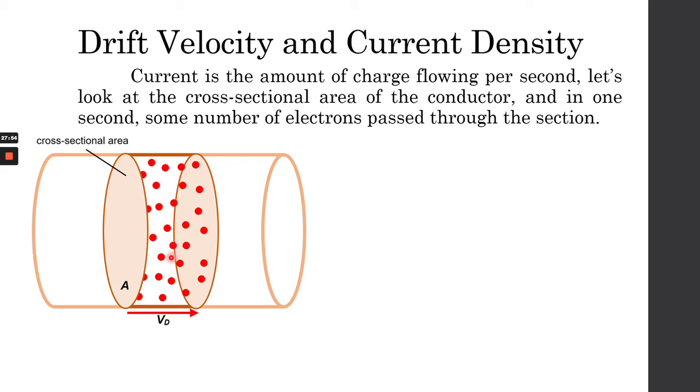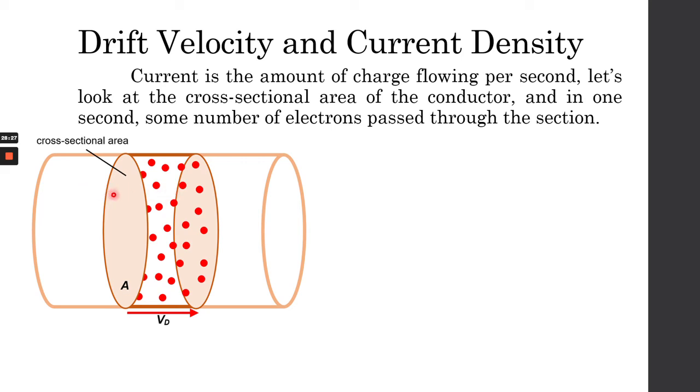So before we can measure the total charge, what we have to do first is to measure the volume of the cylinder where all these electrons are now encased. Again, all these red dots right here are electrons, initially on the left side of our first cross-sectional area, and after 1 second, they all pass through that cross-sectional area.